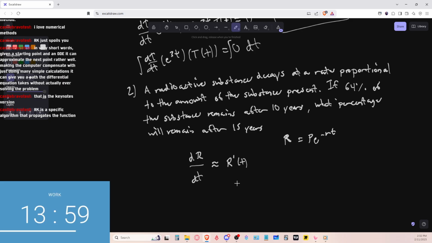So this is after 10 years. If we take the derivative, well, if we take the differential of this through t, then we're going to get negative pr e.